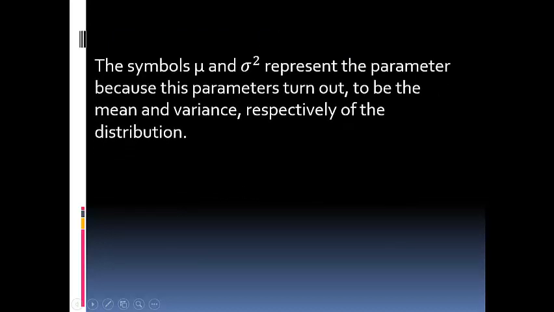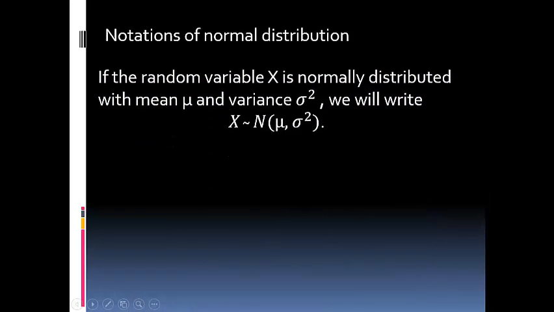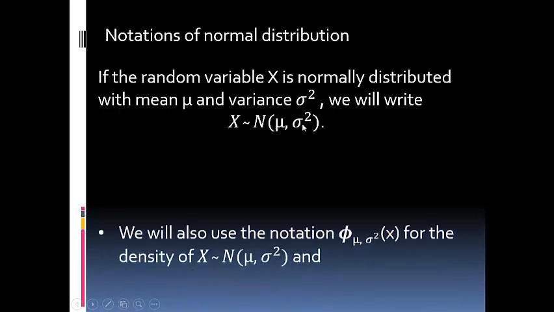The symbols mu and sigma squared represent the parameters because these parameters turn out to be the mean and variance of the distribution. So we have notations of normal distribution. If the random variable x is normally distributed with mean mu and variance sigma squared, we will write it like this: x is normally distributed with the parameters mu and sigma squared.